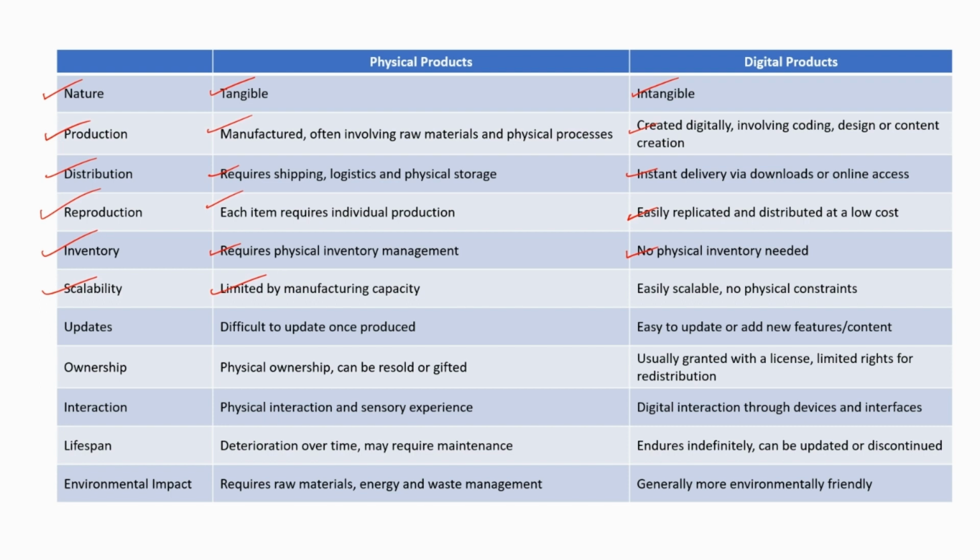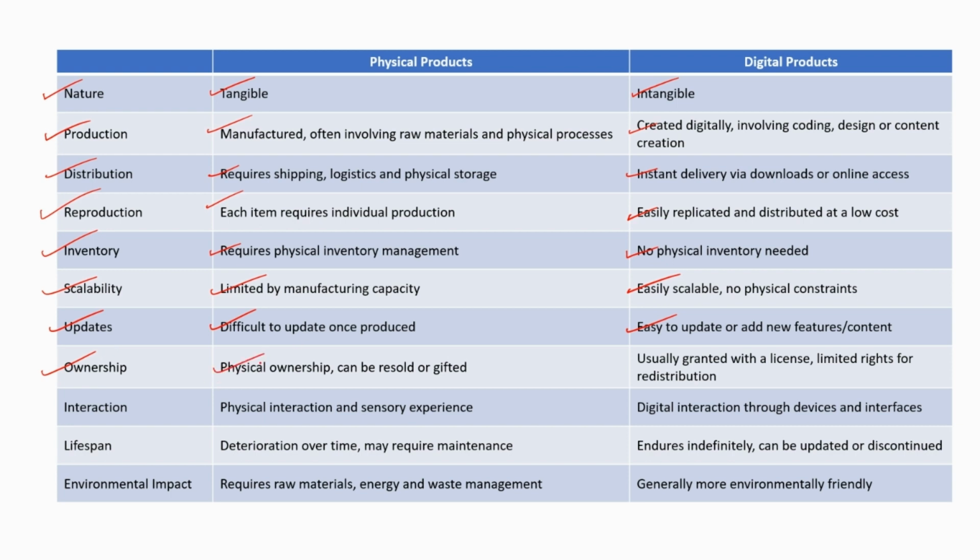Scalability. Physical products are limited by manufacturing capacity. Digital products are easily scalable, with no physical constraints. Updates. Physical products are difficult to update once produced. For digital products, it is easy to update or add new features or content. Ownership.